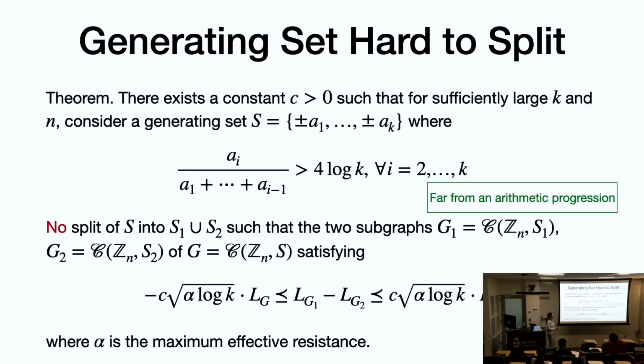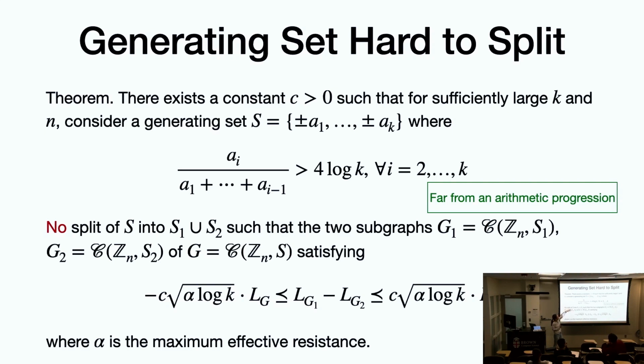We also show some lower bound for splitting the generating set. We show that if these generators are far from an arithmetical progression, then there is no split of the generating set S into two symmetric sets, S1 and S2, such that we match the Marcus-Spielman-Srivastava bound.